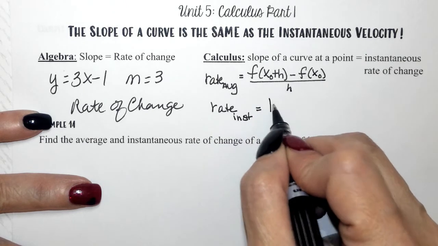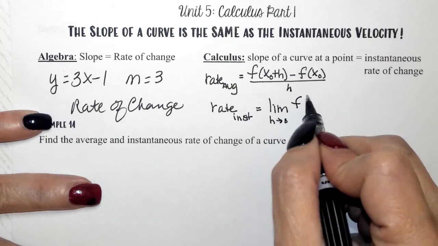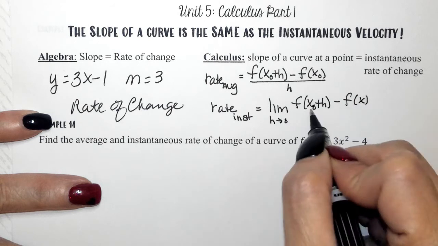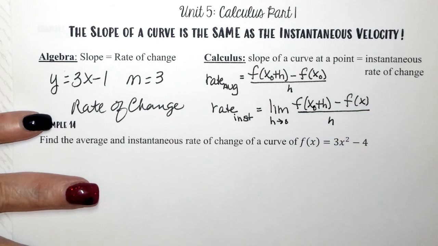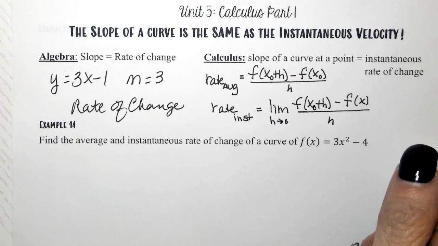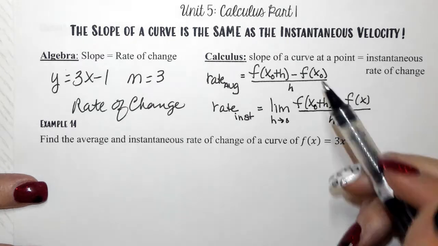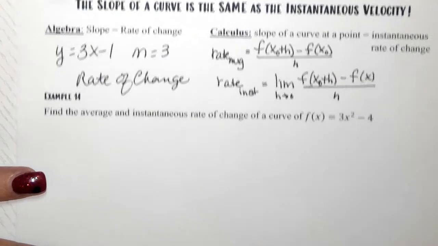We call that the limit as h approaches 0 of f of x naught plus h minus f of x naught all over h. Instantaneous rate or the average rate. We can do it either way we want to look at it. We can look at it as a limit, or sometimes we can look at it just as the function notation.